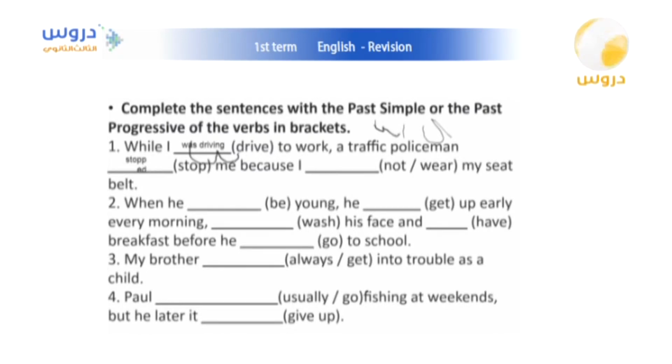Let me try to minimize the size of the pen. Okay, because I not wear my seat belt. What about this one? Okay, Umar. But here we have I. What do you think? What's the verb to be? I didn't wear. Okay, good.